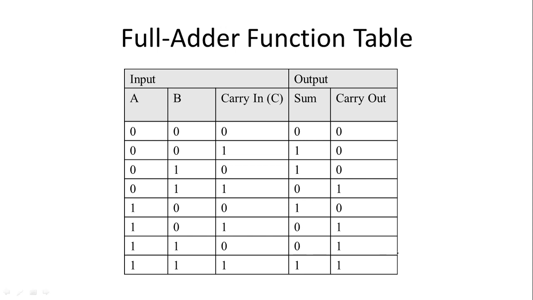For sum, there are 4 ones in the column, which correspond to 4 different min terms in the table. So for sum, let's say S is equal to, we will use min terms, so that would be sum of products.